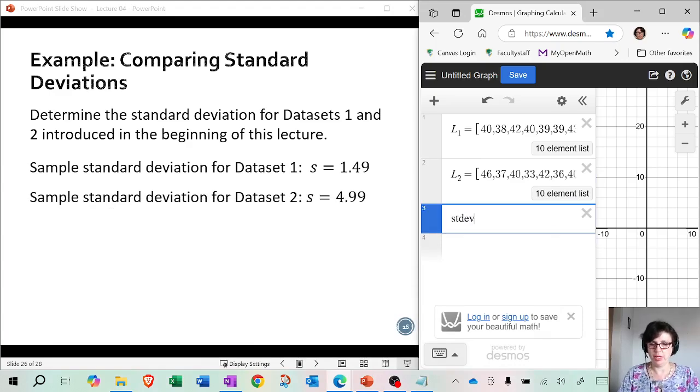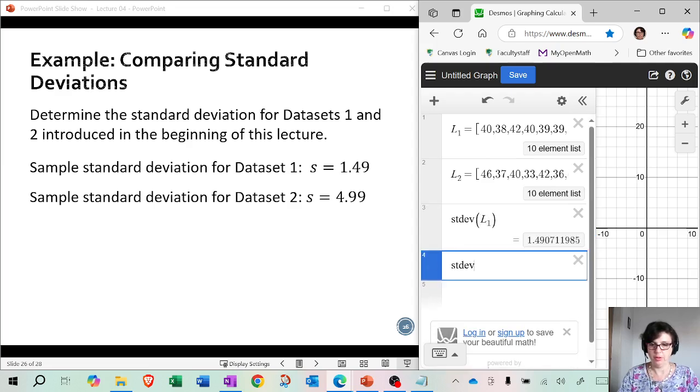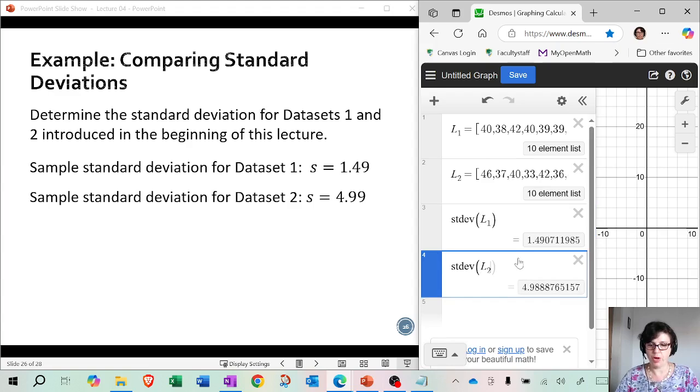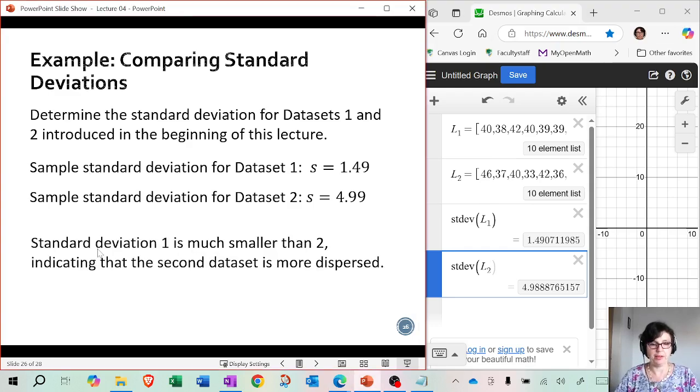So then we're using stdev, without the p because that's a sample. And so if you round it, you get 1.49 for data set number 1 and 4.99 for data set number 2. So clearly the second data set had more spread. And remember, the second data set really did look like it was much more spread out than the first one from the mean. Okay, so that makes sense.